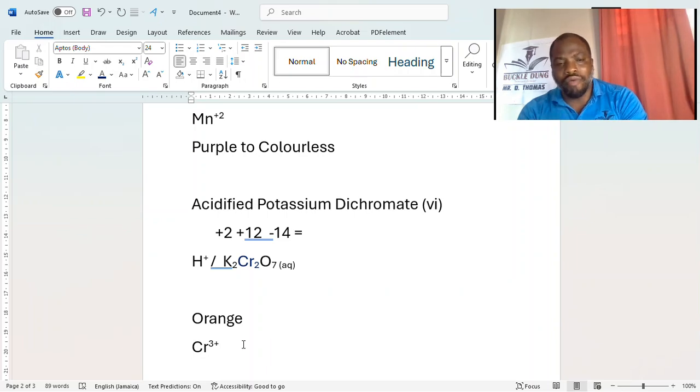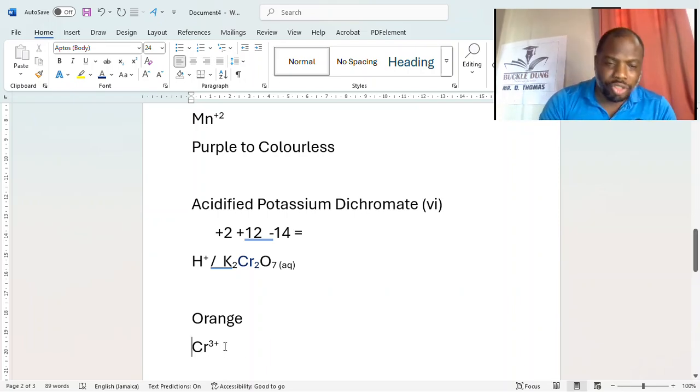But if you put it with a reducing agent, what the reducing agent will do is reduce the chromium ion. So it's going to move from a plus 6 to a plus 3.